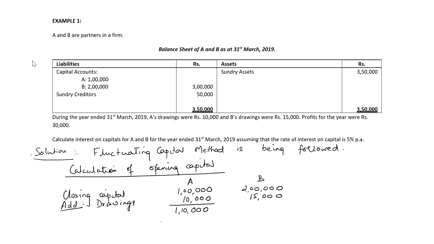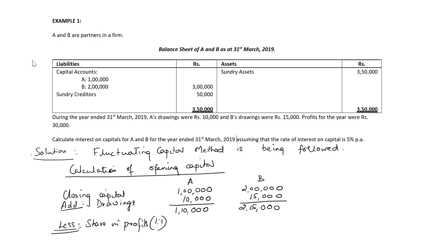After adding, we are left with 1,10,000 for A and rupees 2,15,000 for B. We need to deduct the share in profits. There is nothing mentioned in the sum, so we assume that the ratio is equal 1:1.